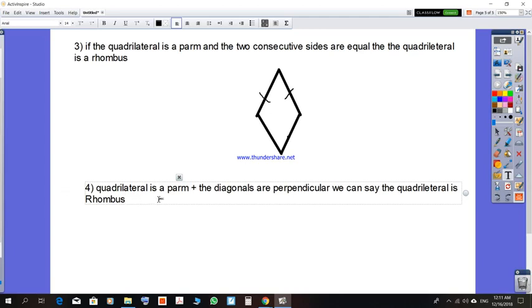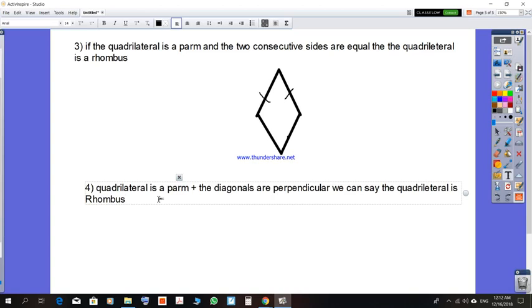If you prove that the quadrilateral is a parallelogram, it's not just one rule. We have five rules to prove a parallelogram, as we said before: both opposite sides are parallel, both opposite sides are equal, two opposite sides are equal and parallel, diagonals bisect each other, both opposite angles are equal.